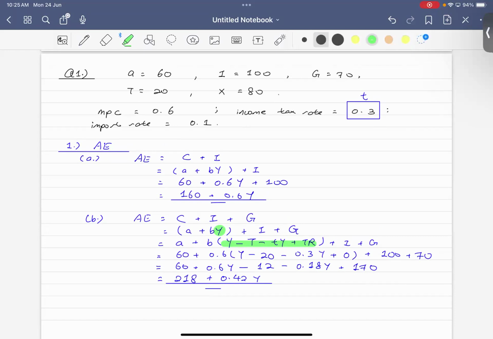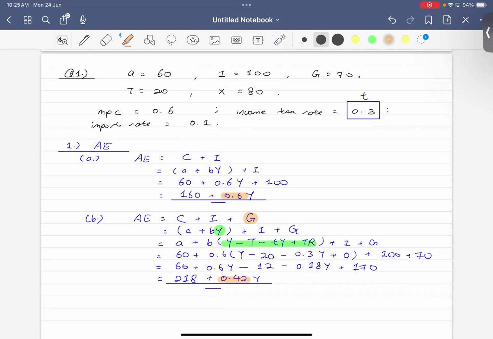So do you realize one thing over here? At first, without government spending, for every 1,000 income that you earn, 60% is being spent. But now when government spending is involved, there could be leakage because you are paying taxes. So now you can see it becomes a smaller value.